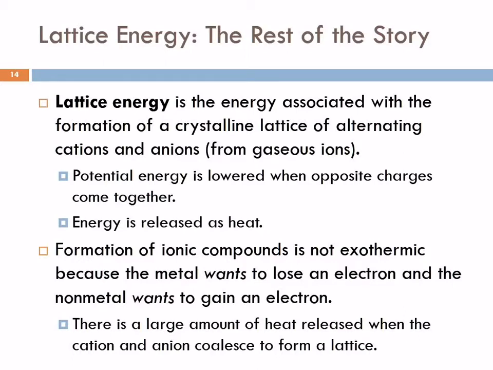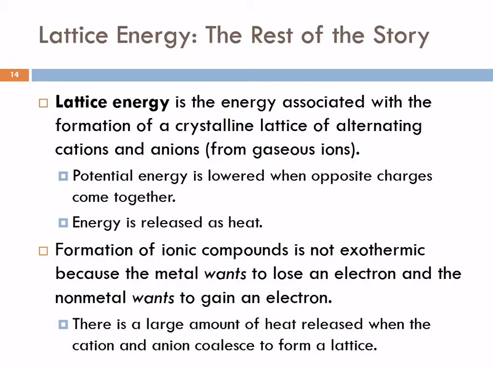I like talking about atoms as if they're little people and that they want to do this and they want to do that. It's really important to understand: the formation of ionic compounds is not exothermic because the metal wants to lose electrons and the nonmetal wants to gain electrons. That's not why it forms. There is a large amount of heat released when the cation and the anion coalesce to form a lattice.